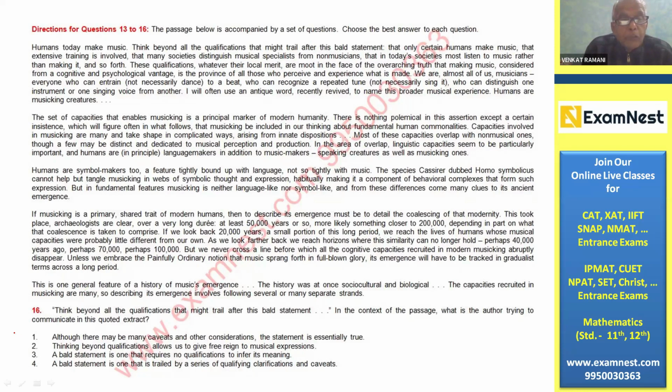Think beyond all the qualifications that might trail after this bald statement that only certain humans make music, that extensive training is involved, that many societies distinguish music specialists from non-musicians, that in today's societies most listen to music rather than making it, and so forth. He has put three dots there, because this is the entire quote that he wants there, right? So what is he trying to communicate? Although there may be many caveats and other considerations, the statement is essentially true.